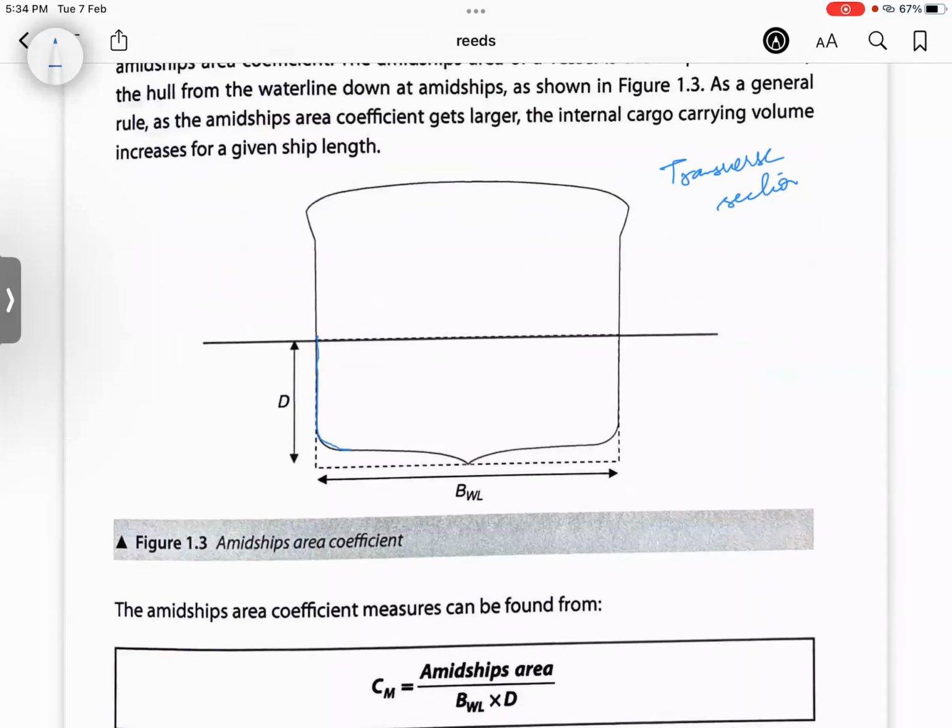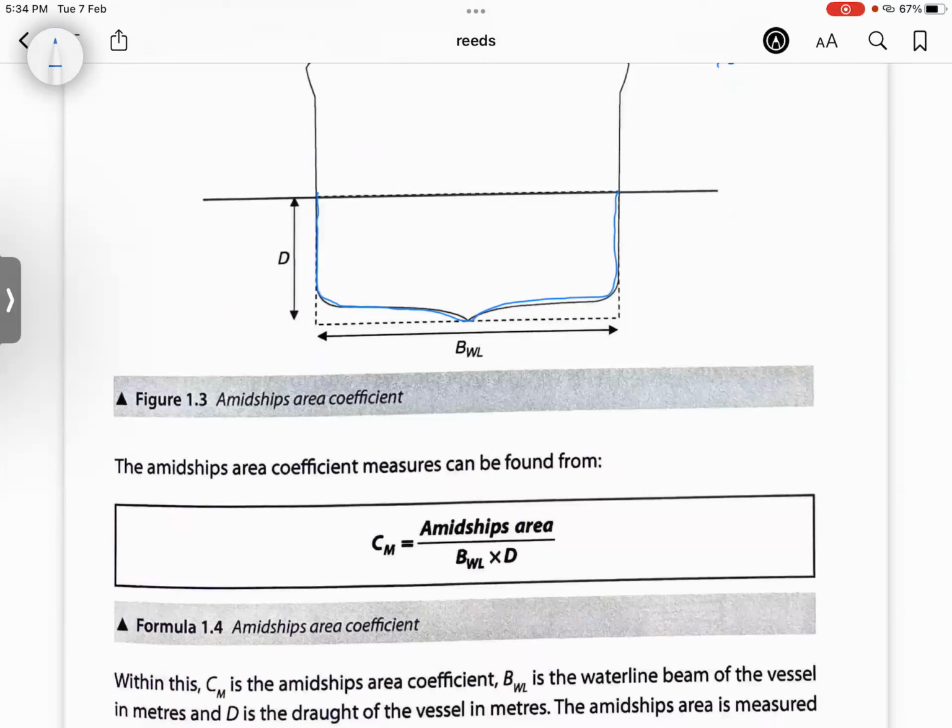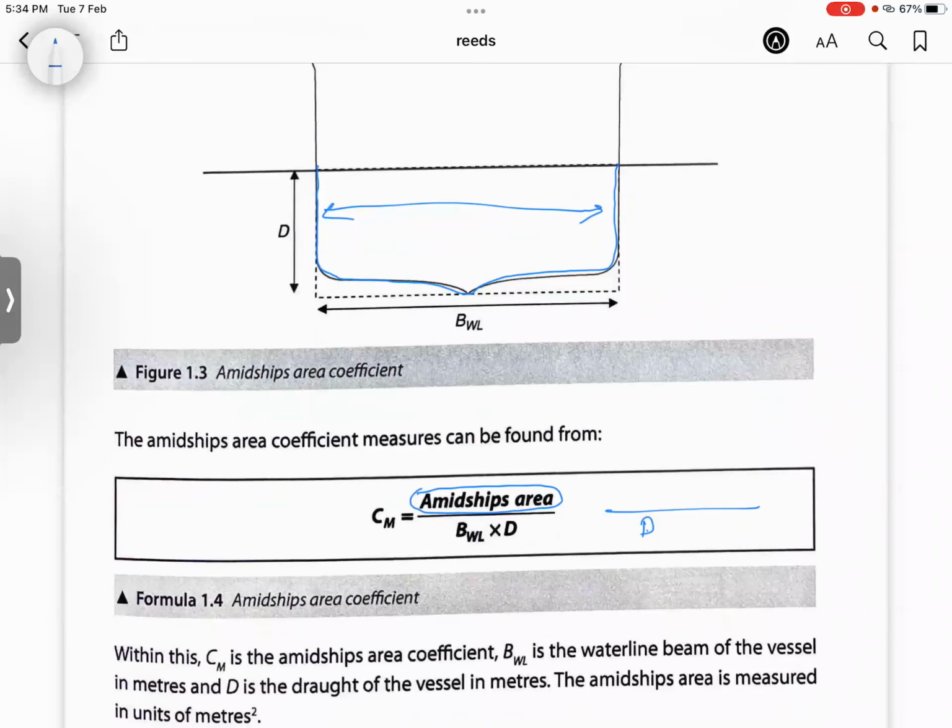This is your ship. In this case again you will calculate the area, this is the midship area, right? Again you can use the Simpson rule divided by the complete breadth into the draft, right? So B into D upon the midship area.